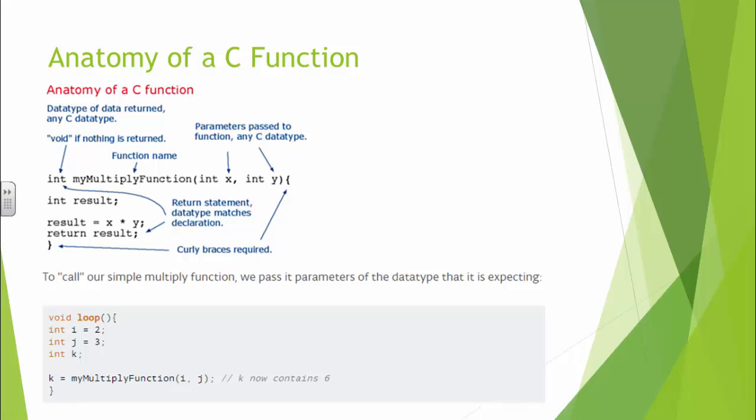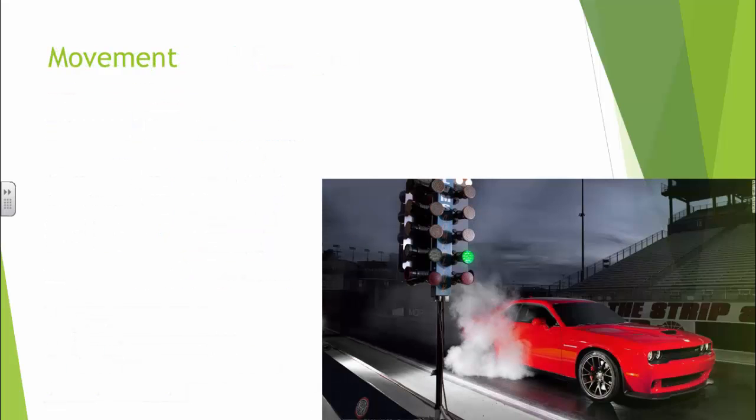If it has nothing to return, then it will have void at the front. Okay, so there's the basics of a function. You may have written some in that previous activity, you may not have. We're going to use those functions today.